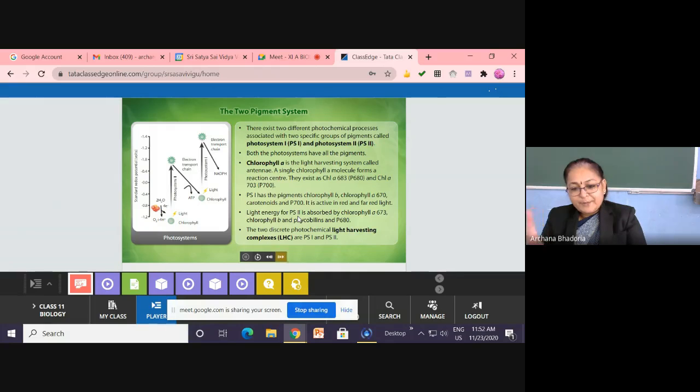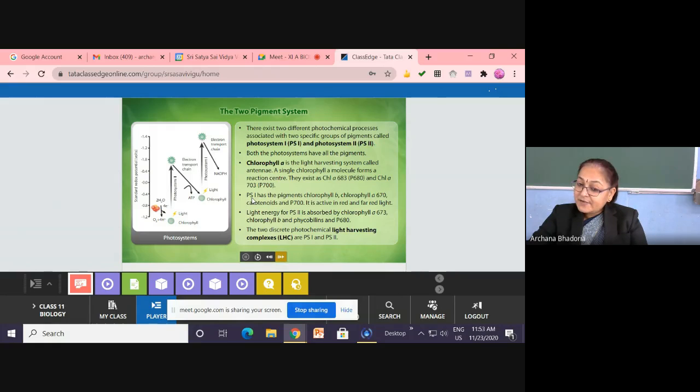So remember the two pigment systems, pigment system 1 and pigment system 2, or photosystem 1 and photosystem 2. Photosystem 1 will have the reaction center P700, and it will have chlorophyll A, B, and carotenoids. It is active in red and far red light. Everyone note down this thing.